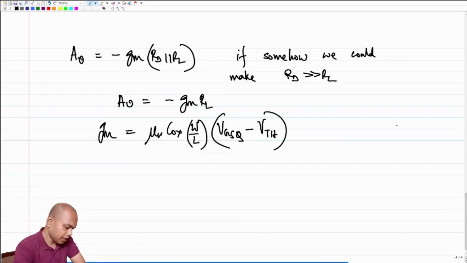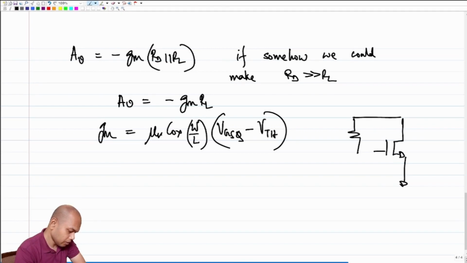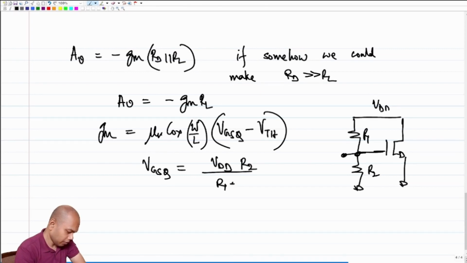right? If I sketch only the input side, what is VGSQ? VGSQ is equal to VDD times R2 by R1 plus R2, correct?